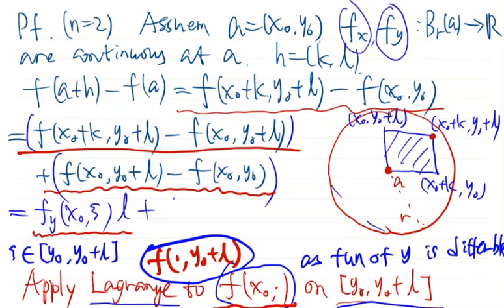So this is fx, the x is some eta, the y is y0 plus l. Then the length of the interval is k.